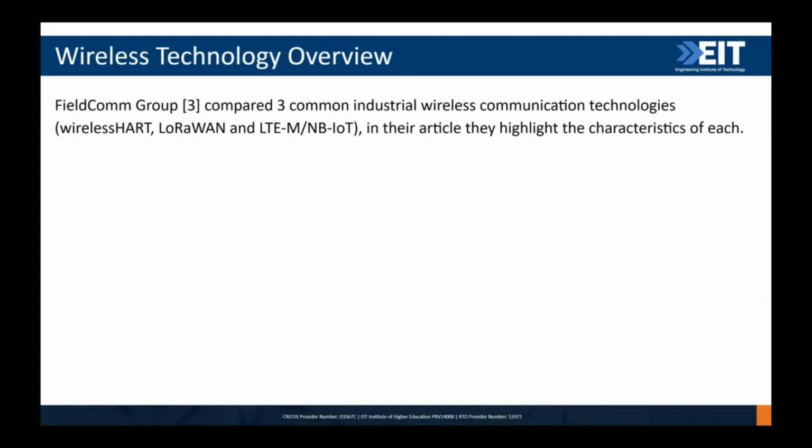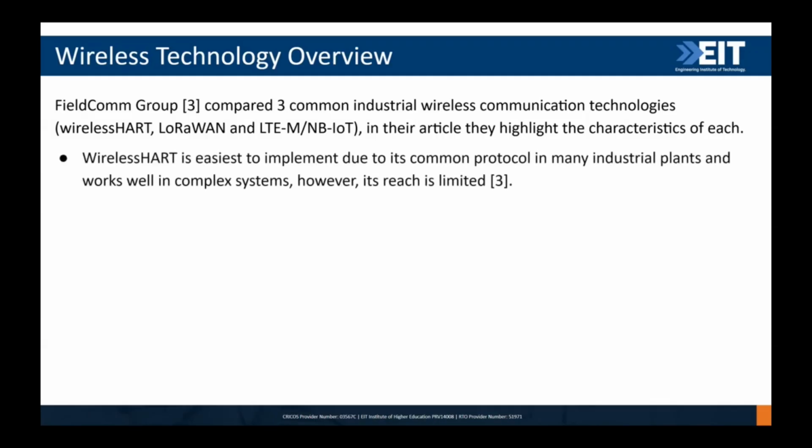Looking into the wireless communications that we selected to analyze, we have wireless HART, LoRaWAN, and LTE-M or NB-IoT. Wireless HART is the easiest to implement because many instruments have it and many plants already use it. However, it is deficient in terms of the range it can reach.